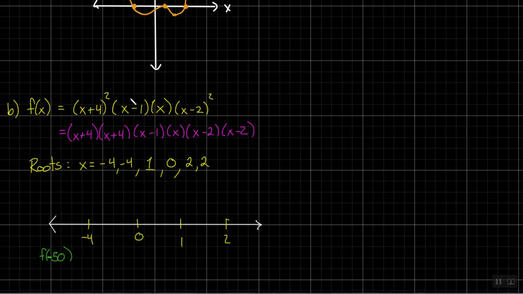The second factor right here is going to be a what if I plug in a -50? So I got a positive on the first one because it was squared, and then I got a negative, and then a negative, and negative times negative is a positive times a positive, it's all positive. So f is positive there. Okay, don't worry yet. In about 10 minutes, you'll be able to take a shortcut. We won't have to do any more.